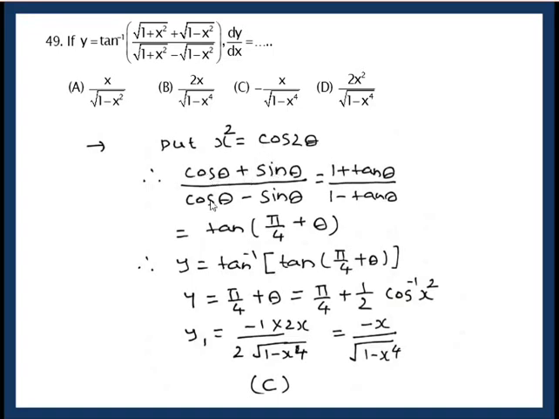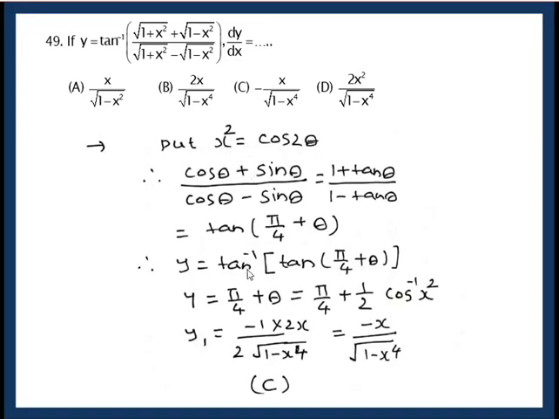Now divide numerator and denominator by cos, you get 1 plus tan upon 1 minus tan. This is the expansion of tan of pi by 4 plus theta. So what is y? Tan inverse of tan of pi by 4 plus theta, which is pi by 4 plus theta. Now x square is cos 2 theta. So it is 2 theta, cos inverse x square. So what is theta?